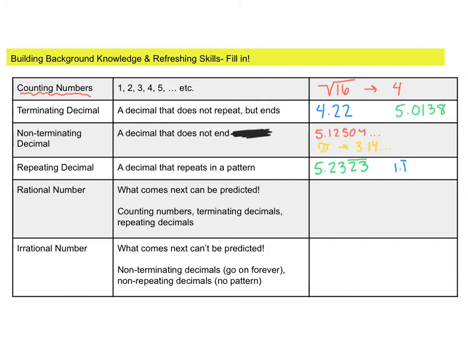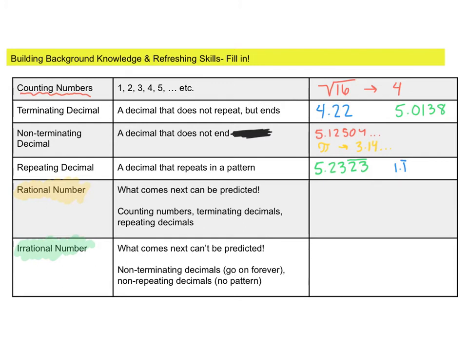Okay? So a rational number and an irrational number, these are big definitions for today. Okay? Rational number and irrational number. So please make sure you're listening to this next part and you're getting this down because you will use it throughout the lesson and it will definitely be on your test.